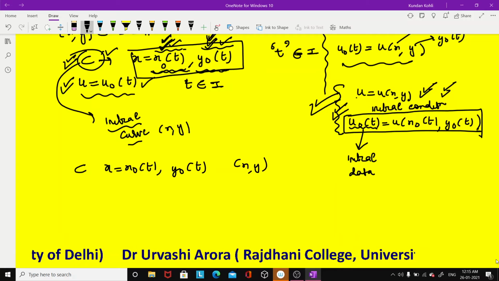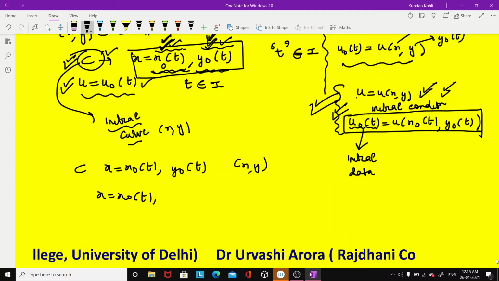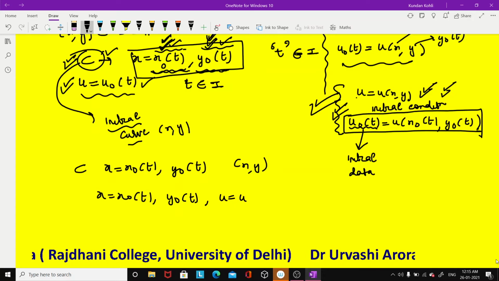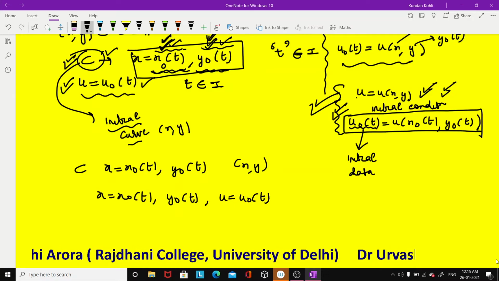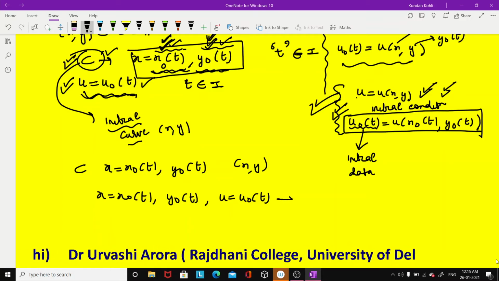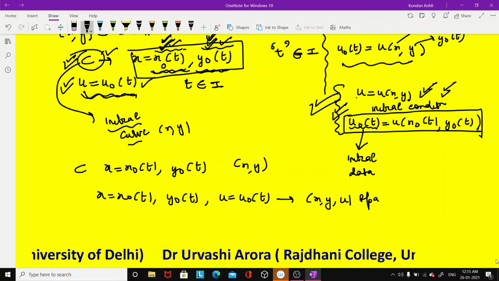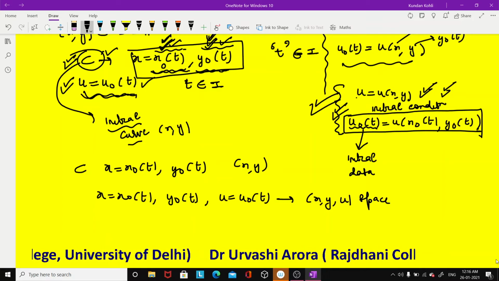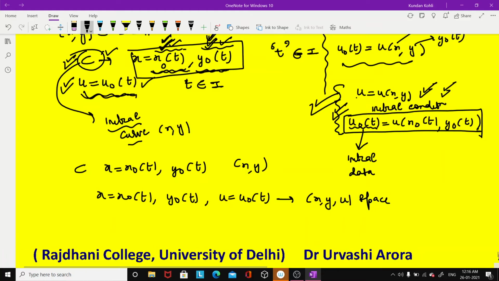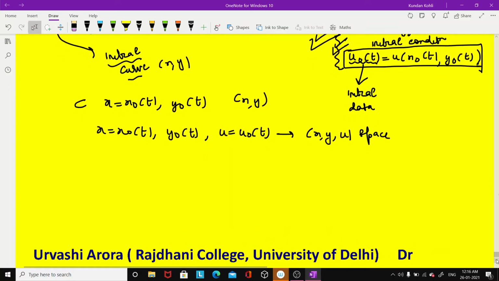Now, if you consider the curve x is equal to x naught t, y is equal to y naught t, and u is equal to u naught t, where u naught t is the prescribed value, then this actually denotes a curve in the xyu space. So this is also a curve, but in the xyu space, which means it is somewhat like this. If I draw the xyu space, then the curve would be somewhat like this.